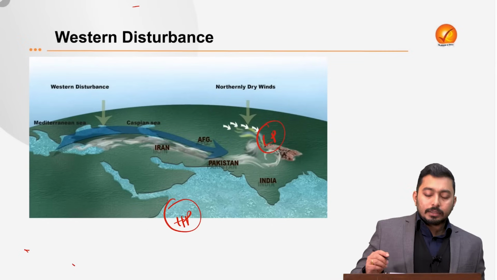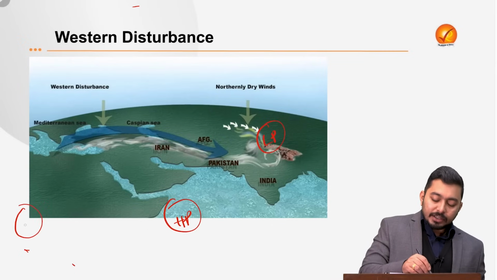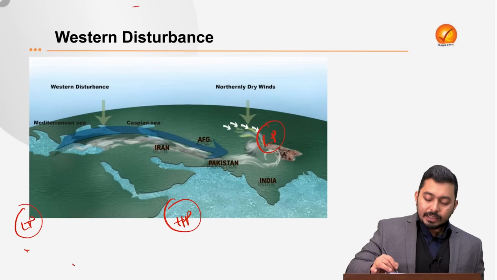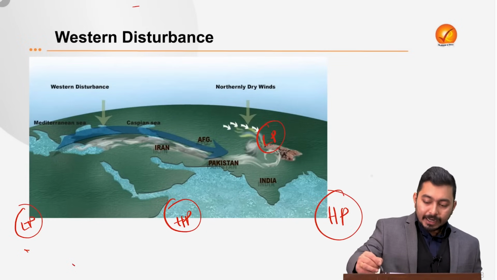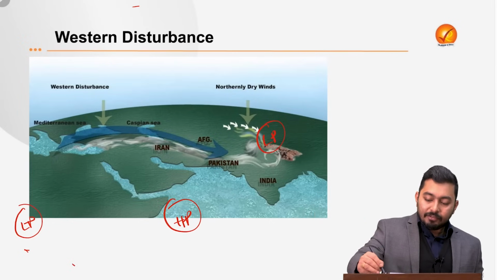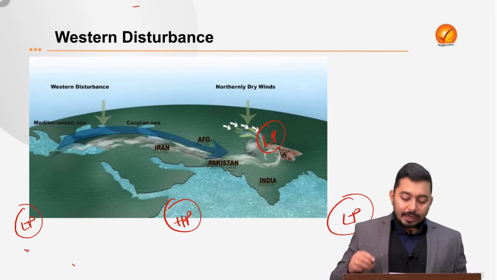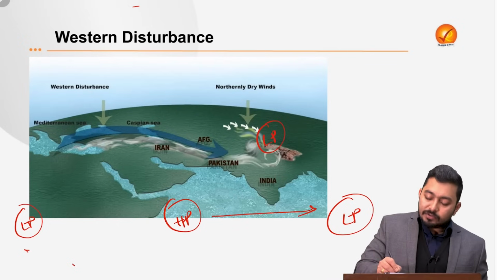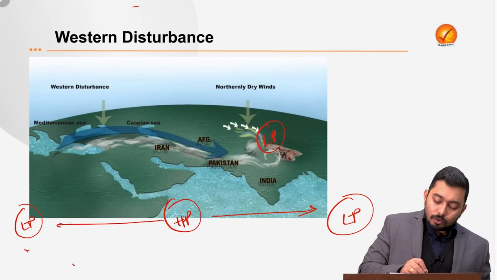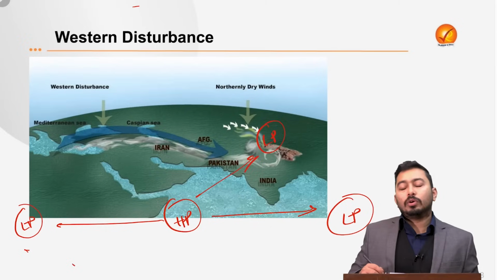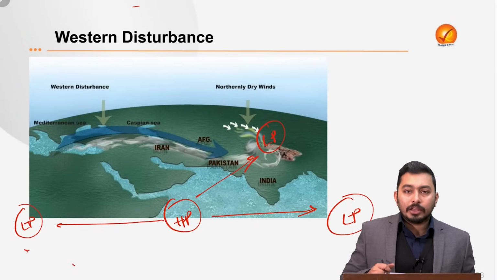Now think about it. Let's say you have here high pressure or you have here low pressure. Just for example, let's say here you have high pressure. So you have some established pressure systems everywhere, right? Now, can I say that because of this high pressure, some winds will go towards low pressure? This is but natural.